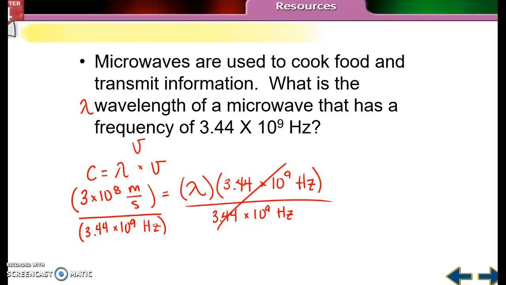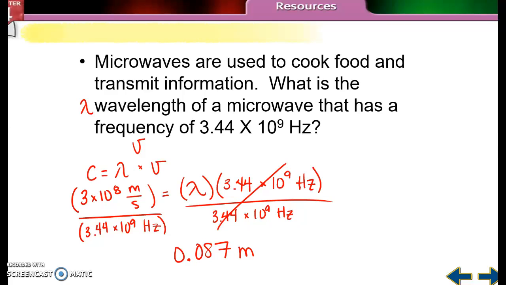My calculator is being slow. I'm going to end up getting my wavelength right there to be 0.0087 meters. So what that means is when a microwave has a frequency of 3.44 times 10 to the 9th hertz, so that means it's going to be moving pretty quickly. Its wavelength is 0.0087 meters.